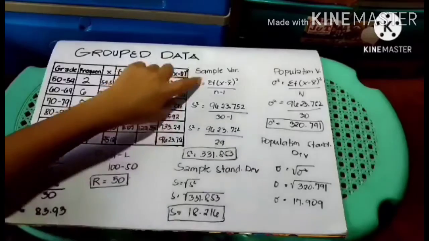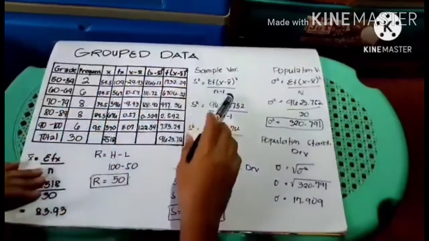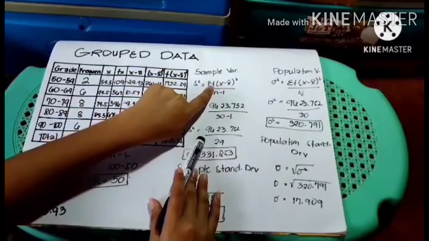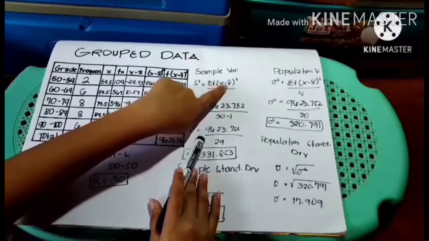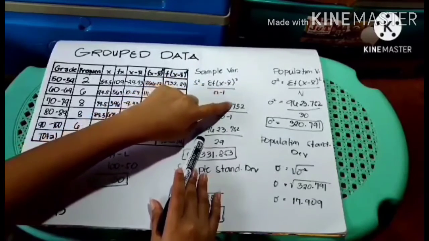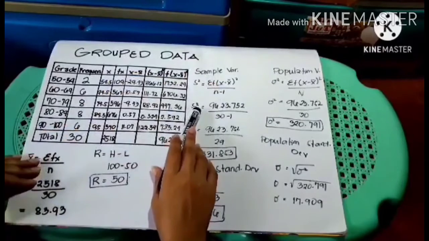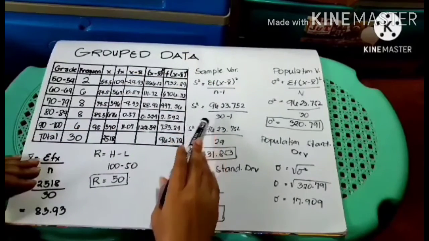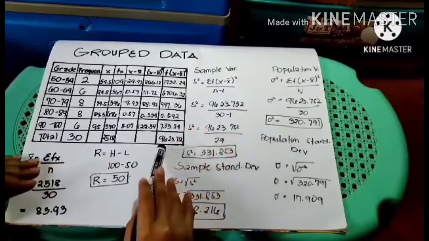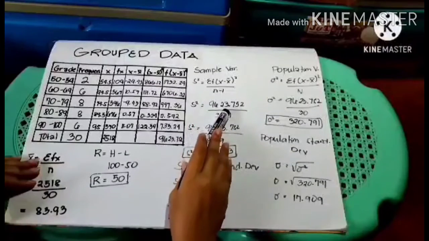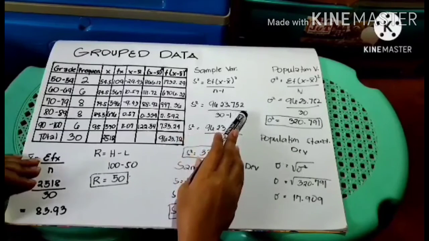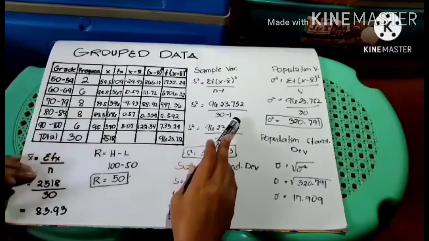To solve the sample variance, this is the formula: s squared is equal to the summation of f times x minus x bar squared over n minus 1. Our total of f times x minus x bar squared is 9,623.752, and we divide it by our n, which is 30 minus 1.